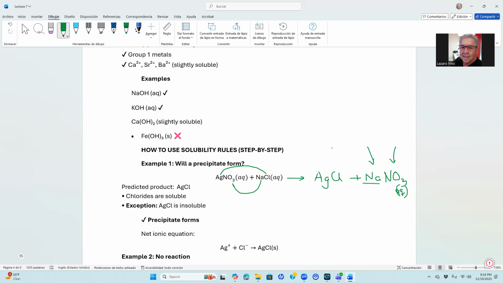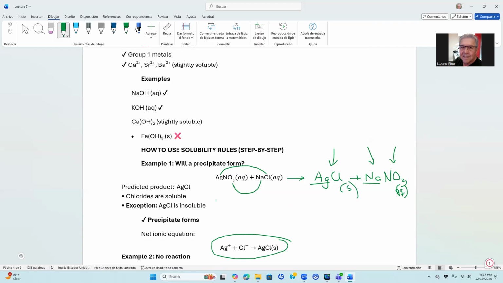If you go to the rule, you can see that chlorides are not soluble when silver is present. Then this compound is a solid. Then the net ionic reaction will be this one: silver plus the anion chloride will produce silver chloride, which is a solid.